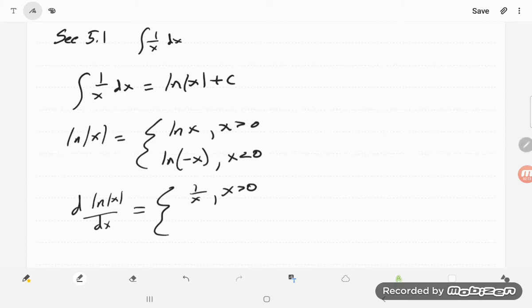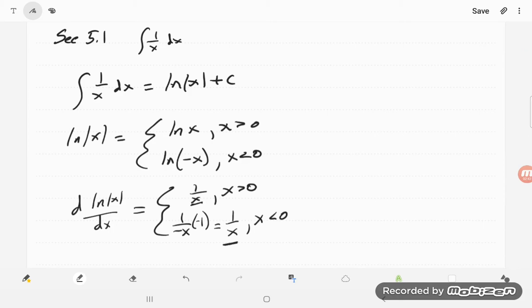Well, we need a chain rule here because we'll get 1 over negative x, but then times the derivative of what's inside there, so that's negative 1. And that is also equal to 1 over x when x is less than 0. So you see, we get the same 1 over x in either case.